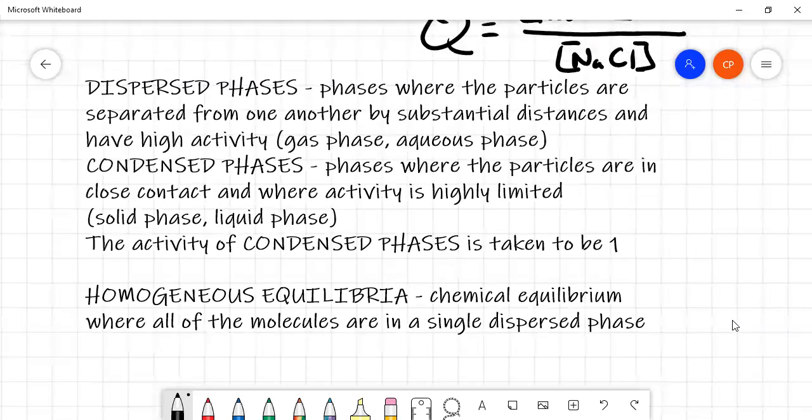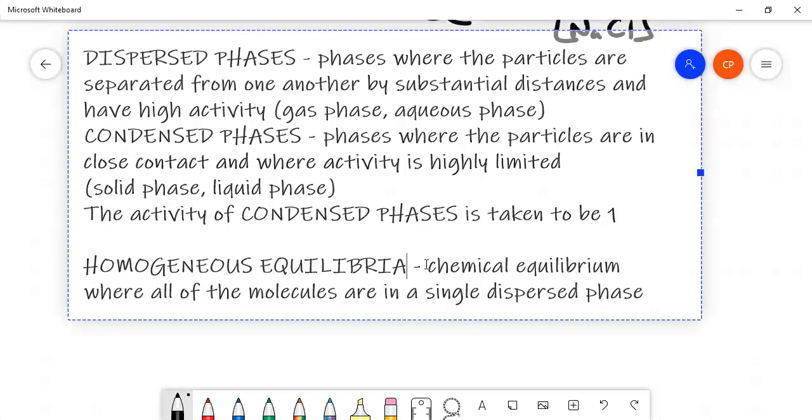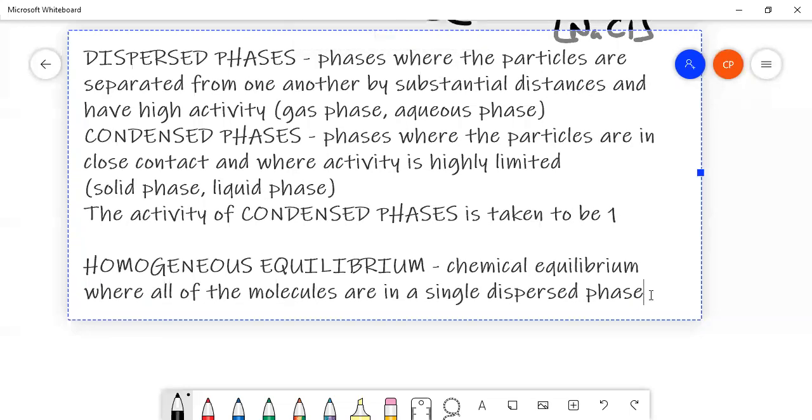A homogeneous equilibrium is a chemical equilibrium, singular, where all of the molecules are in a single dispersed phase. Usually gas or aqueous. But in this course, all the time gas and aqueous. Those are the only two examples of dispersed phases I have addressed at all.